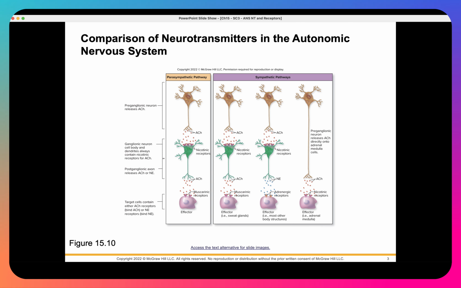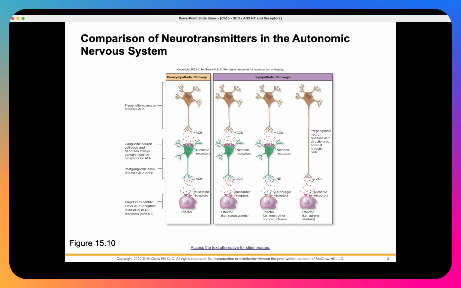We will also note that they are binding to nicotinic receptors, and we need to keep in mind that nicotinic receptors are excitatory in nature. And that makes sense because we want to make sure that the signal from the preganglionic neuron is going to make its way to the postganglionic neuron and to the target.